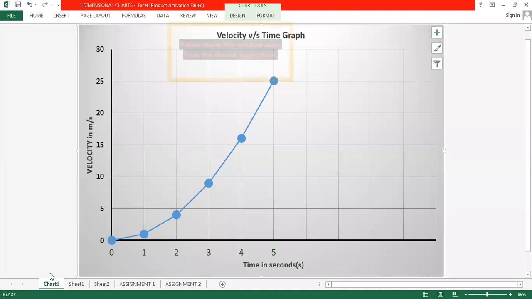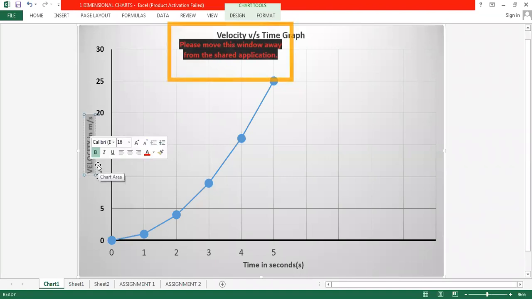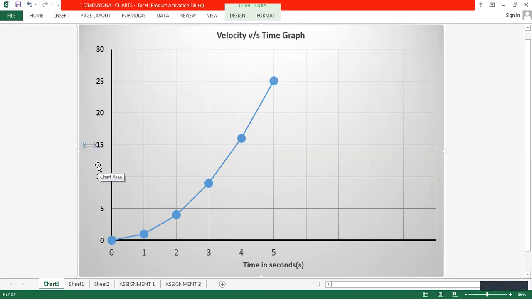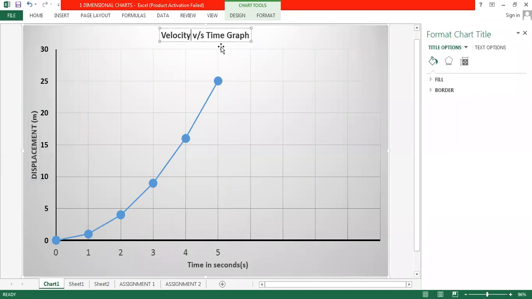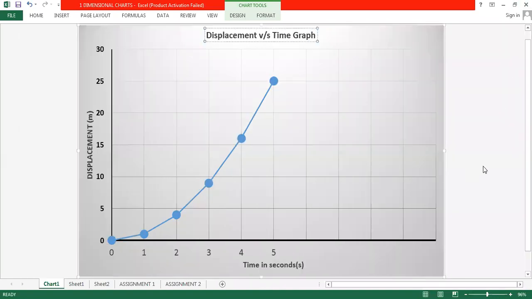See, this is how the graph looks like. See class, how the graph is.